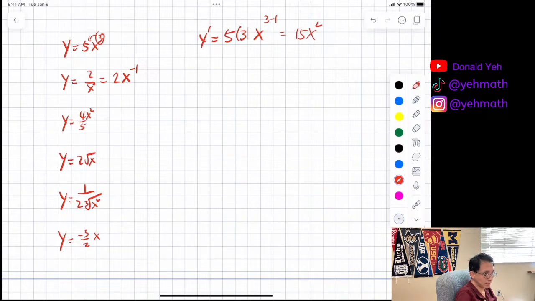That does not make the 2 negative. Elaine, does that make sense? Yeah, because this is 1, right? So if you move it, the 2 is still there. The 2 is a constant. It didn't change.